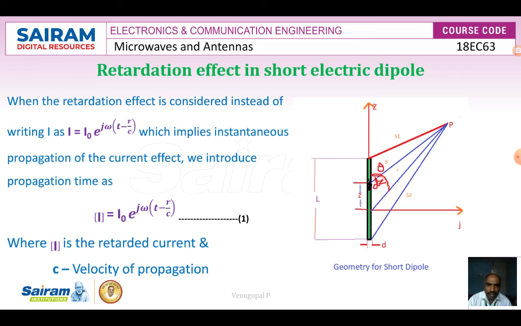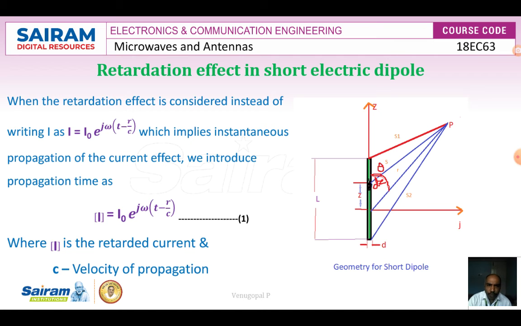So consider a short dipole of length L, which is shown in the figure, and consider the elementary distance Z that we are observing there, and P is a distant point.